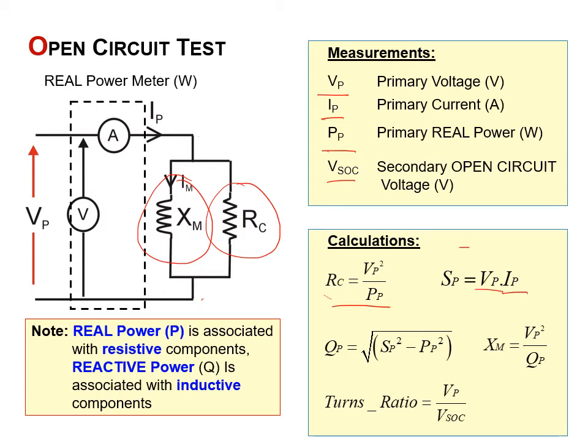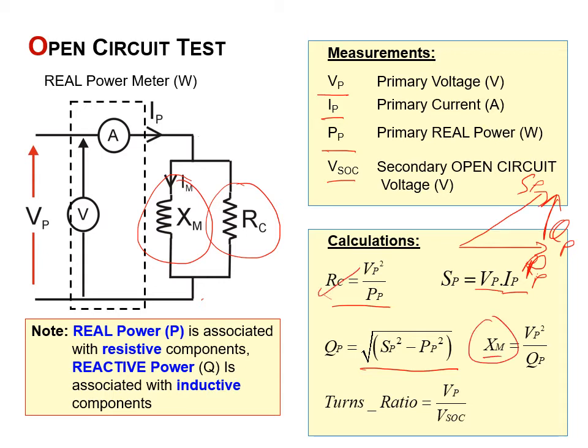So then, if you recall, we have our power triangle. This is our Sp, this is our Pp, the primary real power, and this then will be Qp. We can find Qp from Pythagoras, and once we've found Qp, we can find Xm.